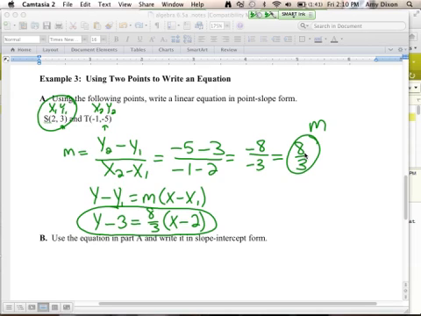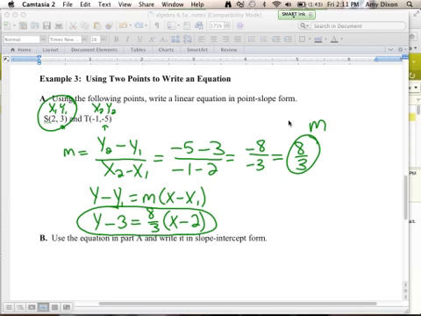All right, so that's how you write an equation given only 2 points. This is only when you're not given a slope. You have to actually first find the slope, then plug in your x1, y1, and you're ready to go.